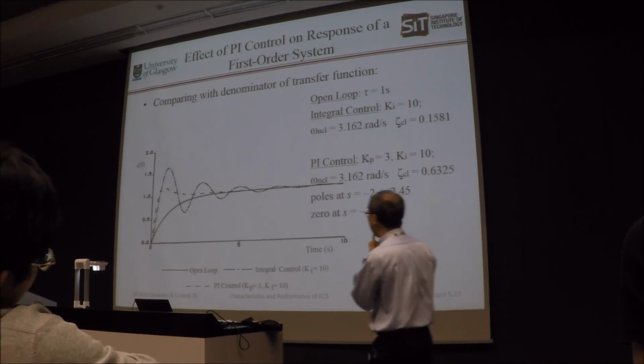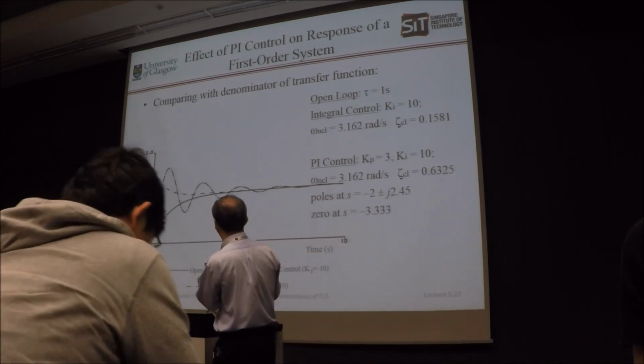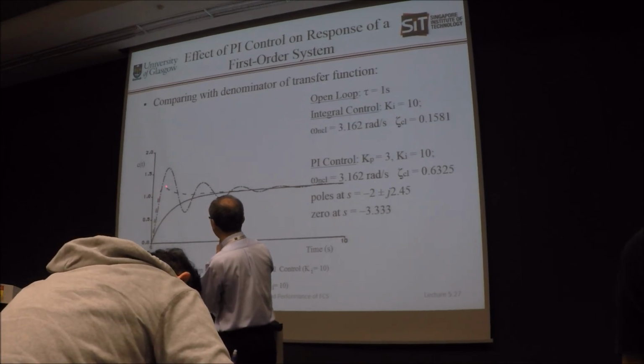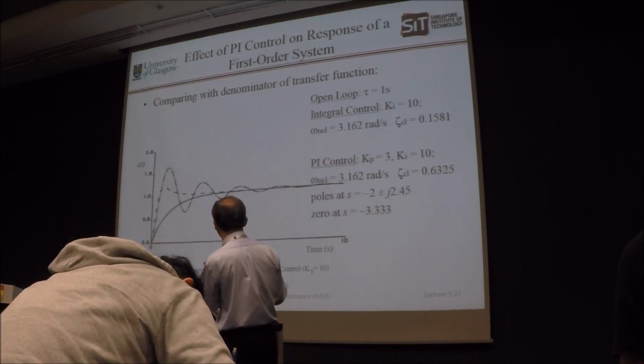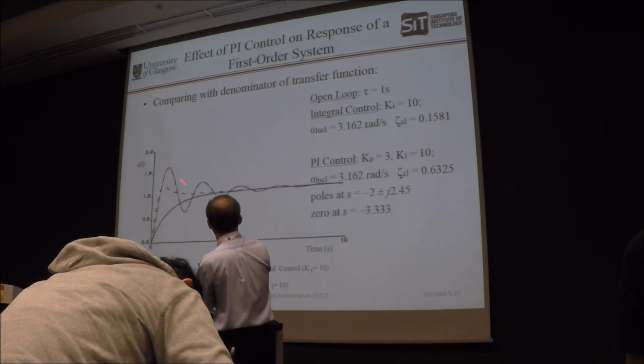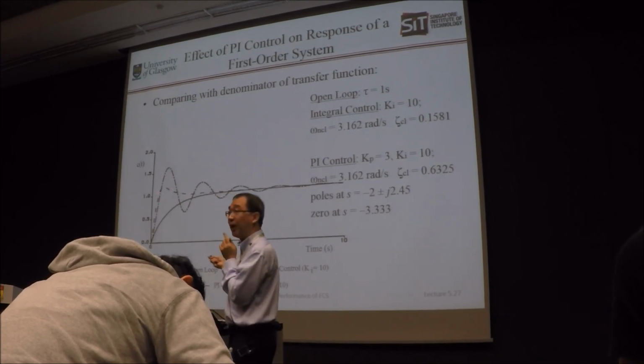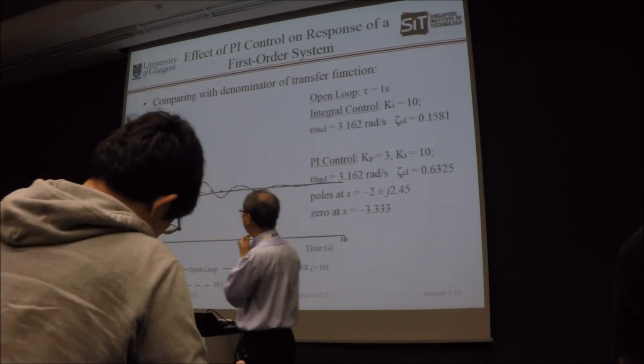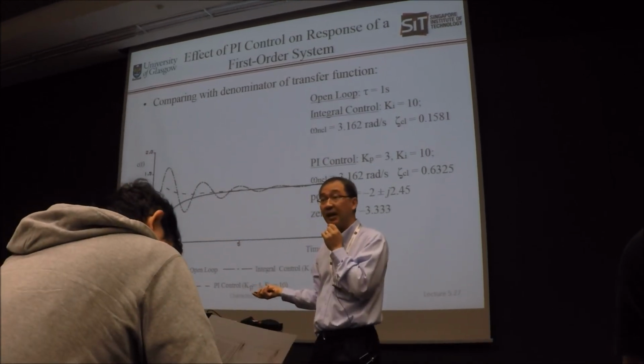And that is why, if you look at the response of this PI controller, because the damping is 0.15, the overshoot is rather high, about 70%.